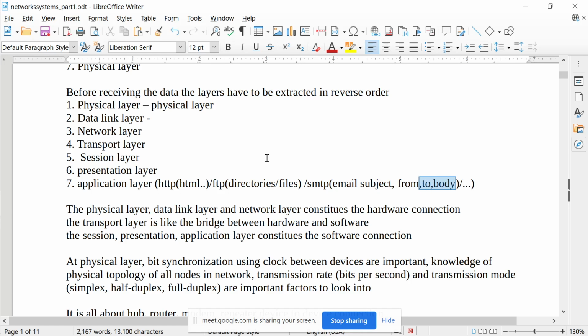This will be the content of SMTP, because how will the other email application know who is sending to whom, and what the content body is? All that is part of a language, and that language is defined by SMTP. So do you understand, when I say SMTP, FTP, HTTP, ultimately the same bits are going, but what language I'm speaking, what these bits mean, has to be interpreted by the protocol. Is this clear?